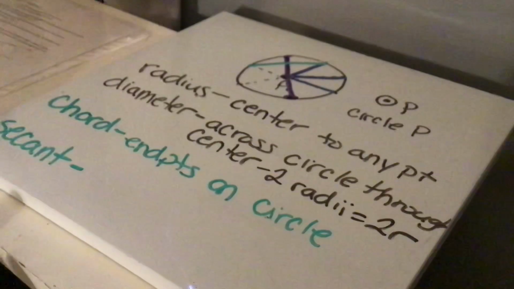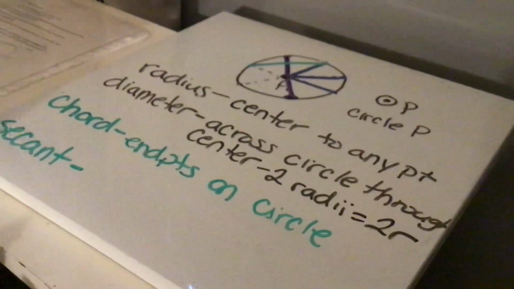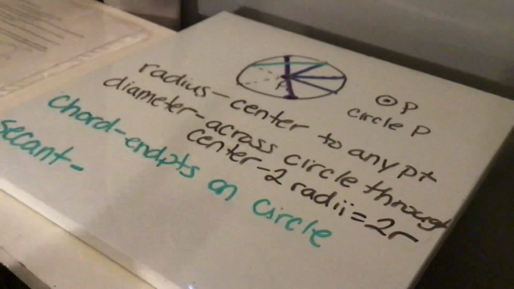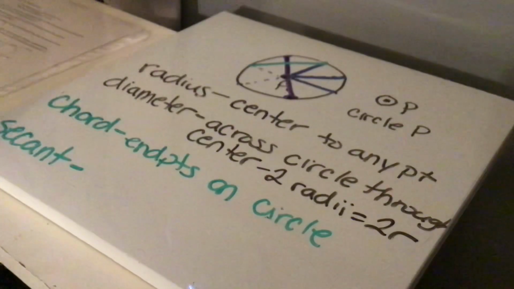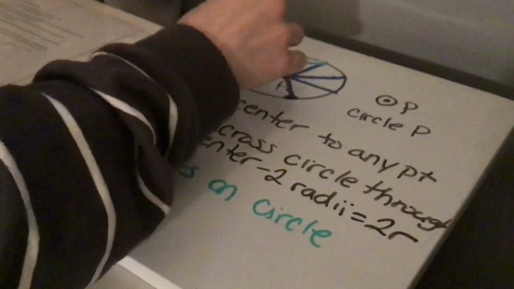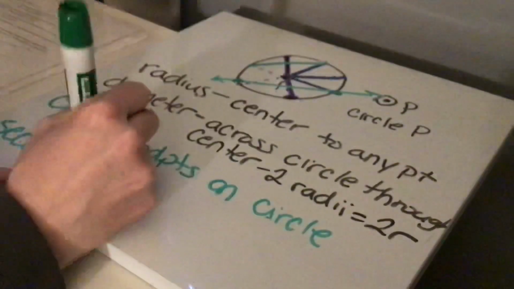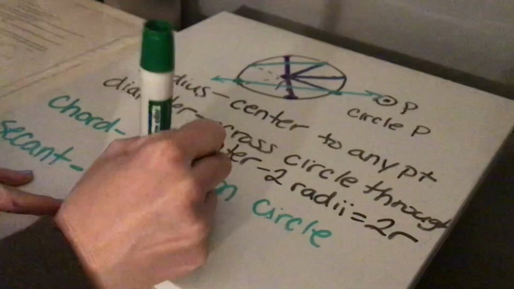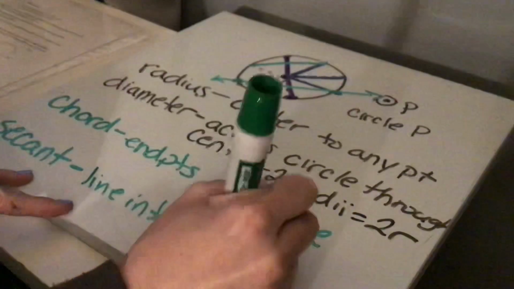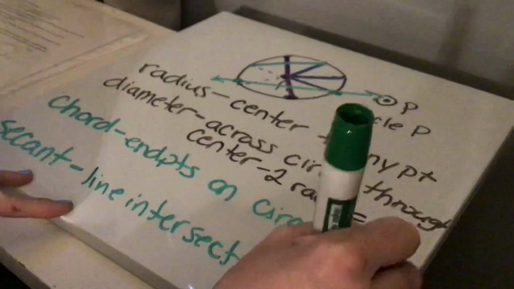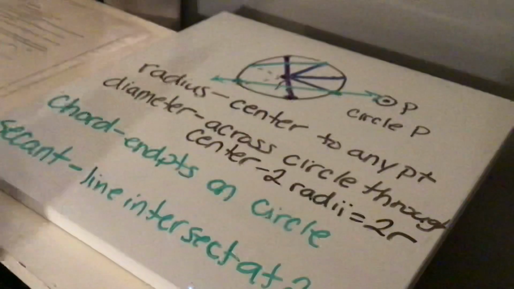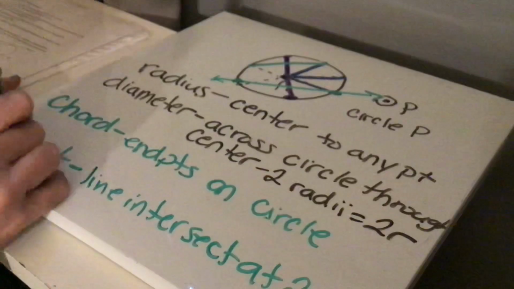And then a secant is just going to be a line that intersects the circle in 2 points. So a chord has endpoints. A secant doesn't necessarily have endpoints. So a secant could look like this, okay? Doesn't have endpoints to it. And then I forgot, you have a tangent as well.